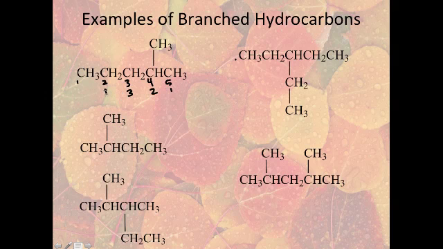So rather than going from left to right, I'm going to go from right to left in my counting so that I can call this, let's see, it will be 2-methylpentane. So put a dash between a number and a letter, and then don't use a space for your prefix, methylpentane. 2-methylpentane tells us the location of this group on our pentane molecule.